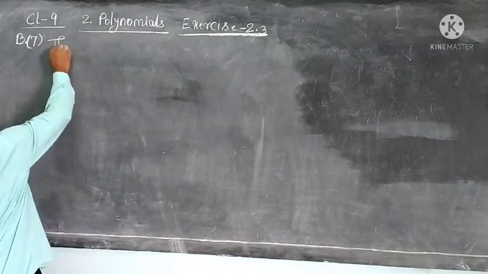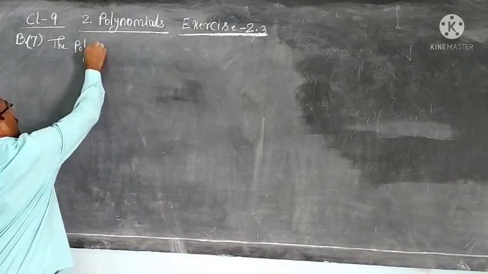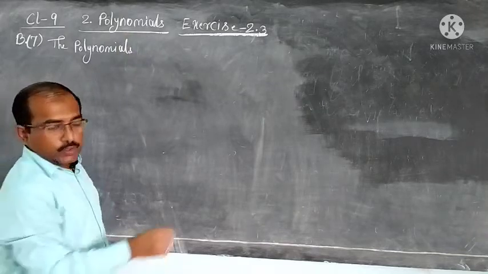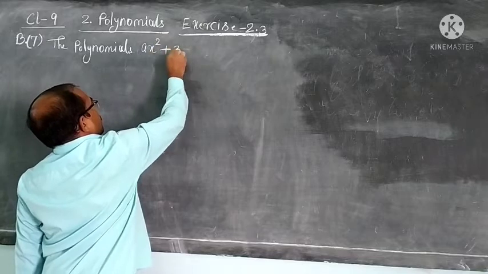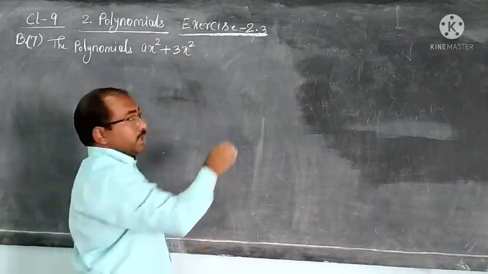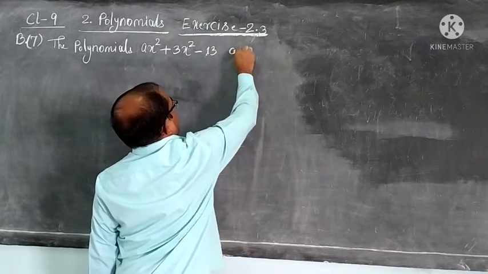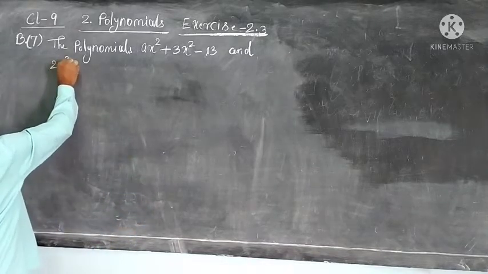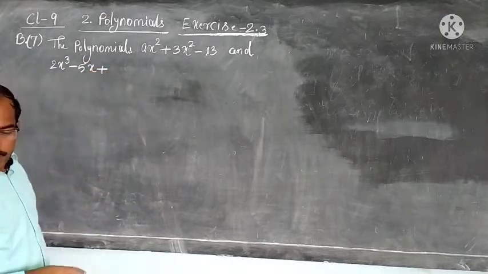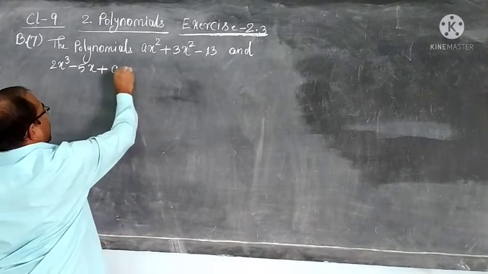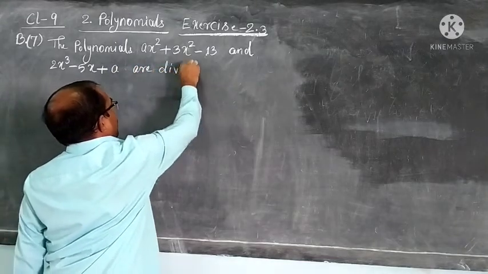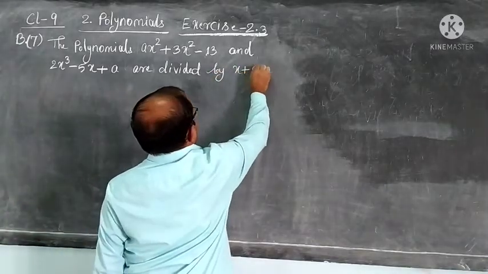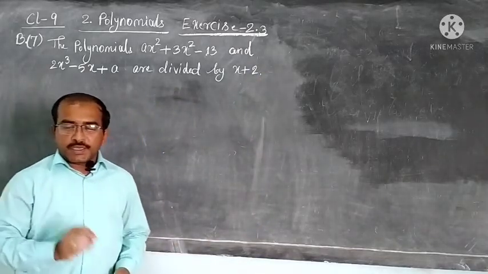The question is: the polynomials ax cube plus 3x square minus 13 and 2x cube minus 5x plus a are divided by x plus 2. In each case the remainder is the same, find the value of a.